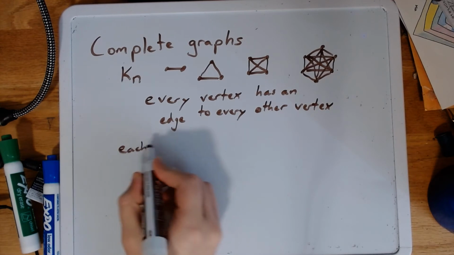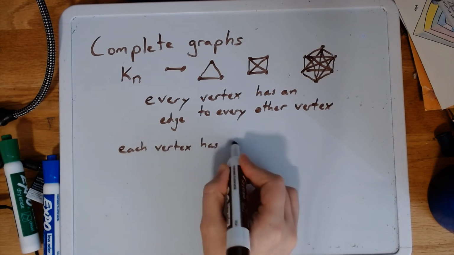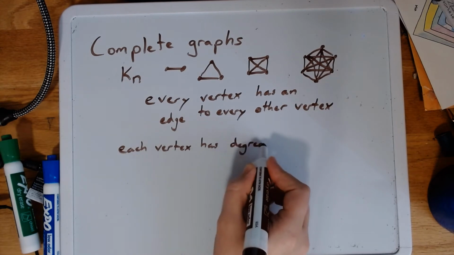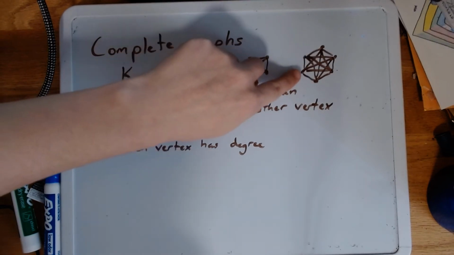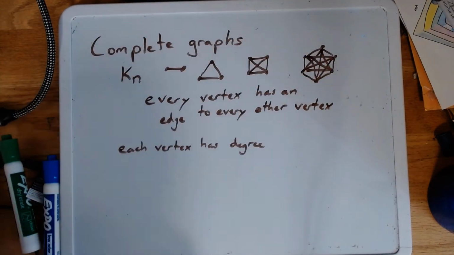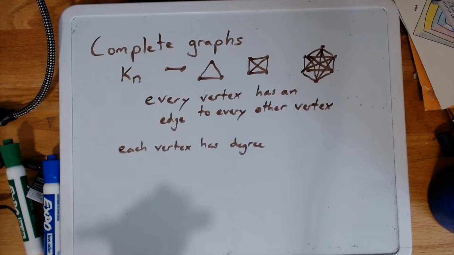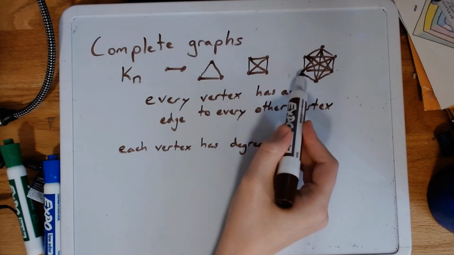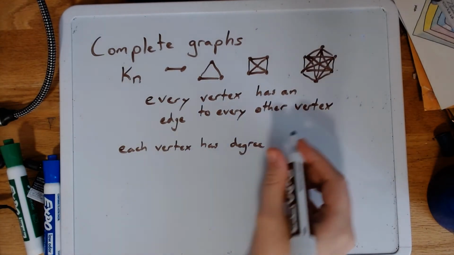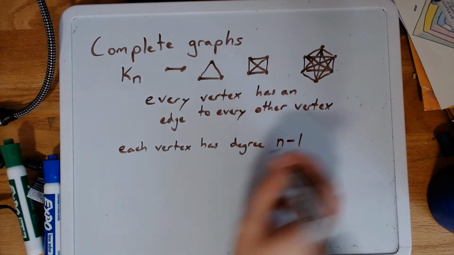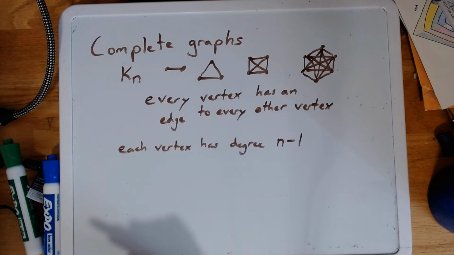So each vertex is going to have the same degree, because there are edges to every vertex except itself. If I start here, I'm going to go to that one, that one, that one, that one, and that one. So that gives us degree n minus 1, an edge to every vertex except the vertex where we're starting.